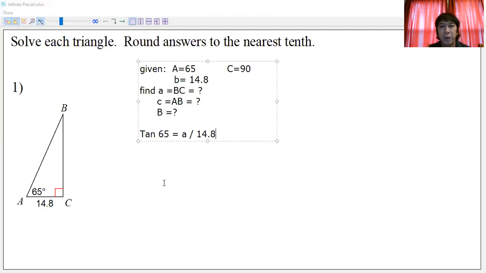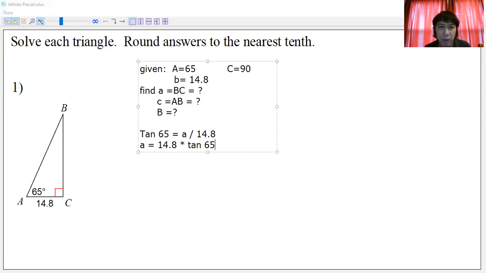We can rearrange this by algebraic manipulation. A is equal to 14.8 multiplied by the tangent of 65. And so we shall compute this. That means we have to get the tangent of 65 from our calculator.